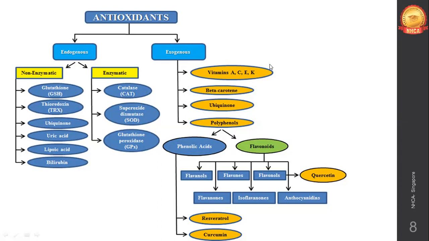Technical questions will not be asked. Just for your information, if you want to read, you can read. We are taking vitamin A, C, E, and K in detail in classes, so we will not go through that here. We have separate chapters for that, and when that chapter comes, we will discuss their antioxidant function in detail as well.